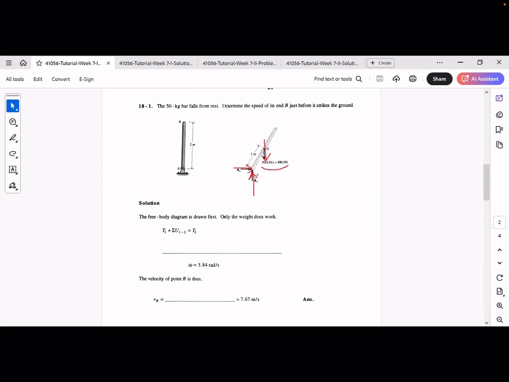Ax and Ay are mainly variables. And then for my kinetic diagram, from point G, which is the centroid of my bar, I would have VG, and omega, the angular velocity, is clockwise.